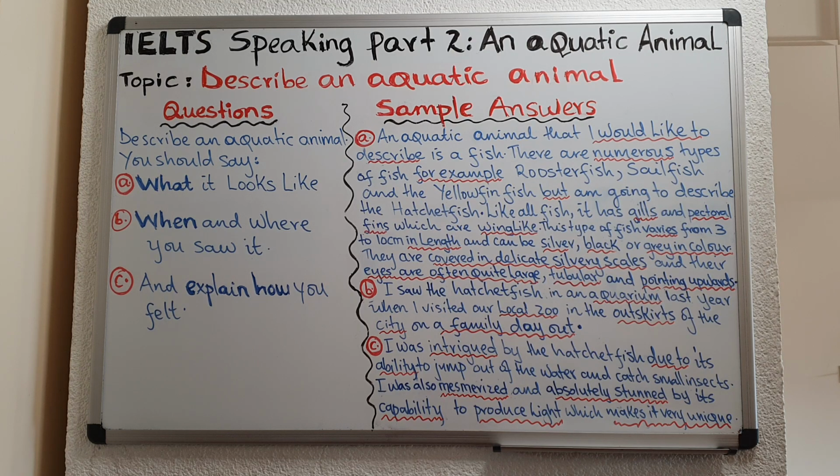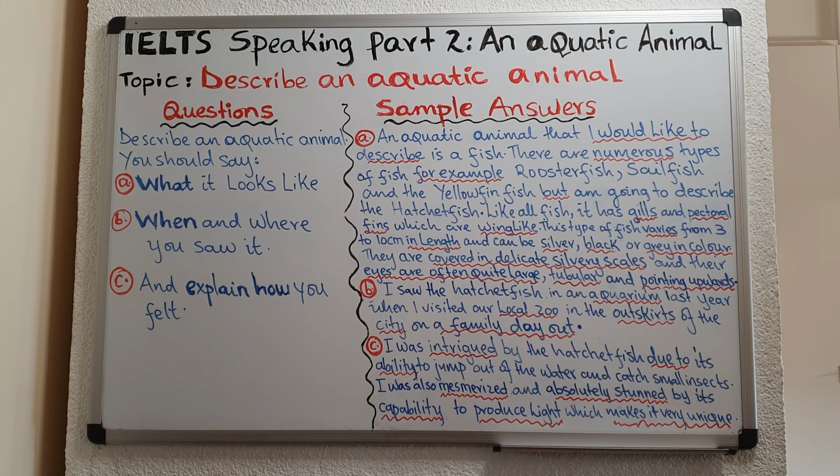And then after that, I described what it looks like. I identified all its physical features. It has gills. It has pectoral fins, which are wing-like. That means they look like wings. I also described the fish in terms of length.